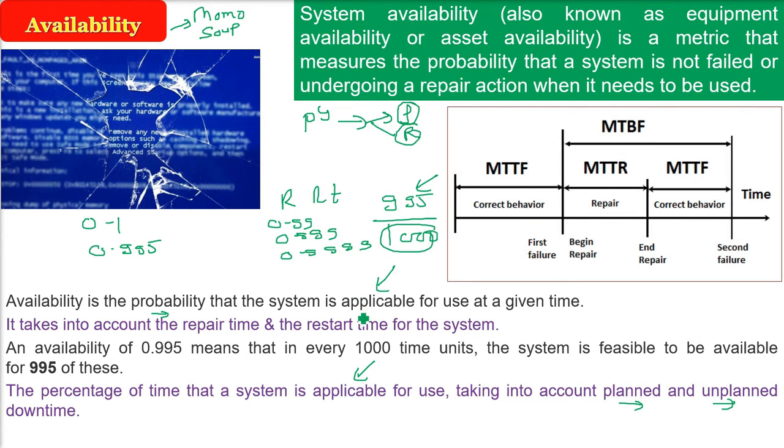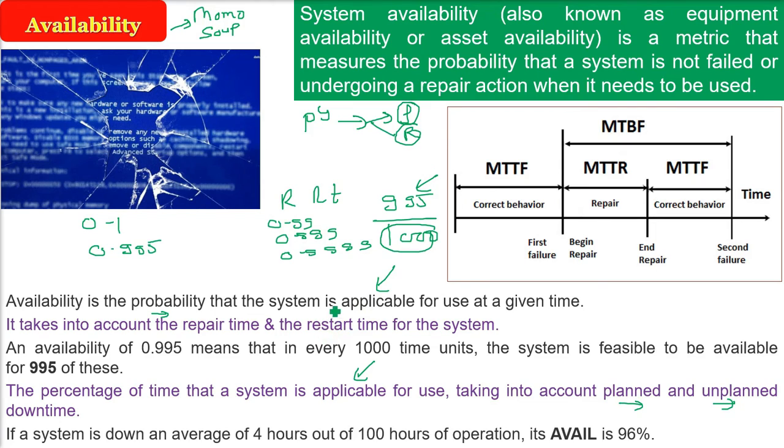So if a system is down, say an average of 4 hours in a total of 100 hours, 4 hours it is not working. What does it mean? What is the availability? This is the probability that it is available. Availability is 96%. How do we get this 96%?